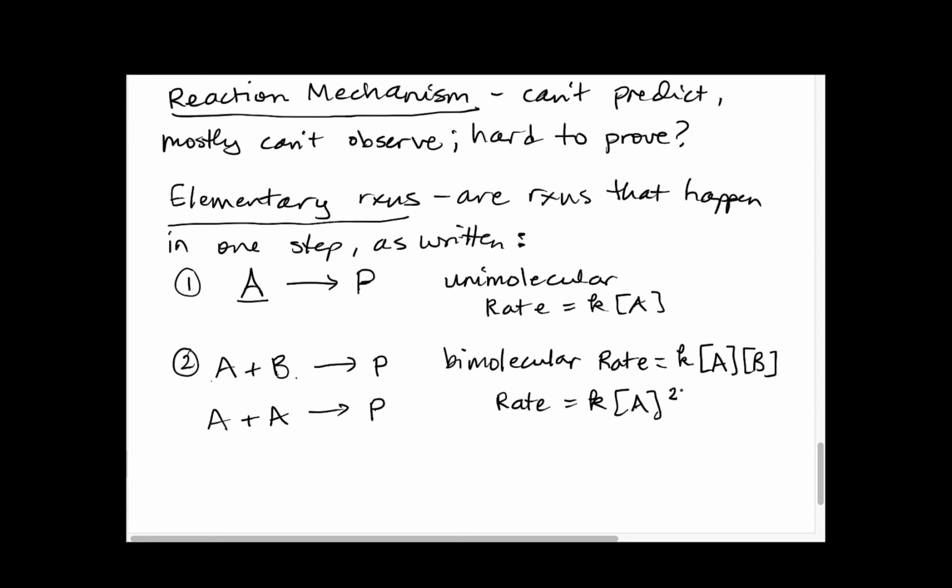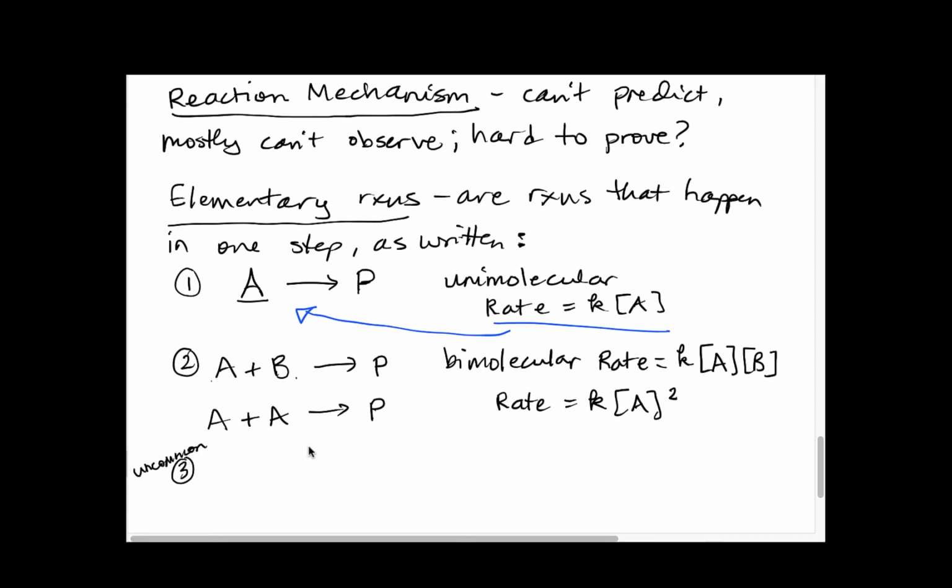And so we have this A squared to reflect that stoichiometry as well. So the stoichiometry of the rate law always matches the stoichiometry of the equation, which is not always true in reaction rate laws overall.